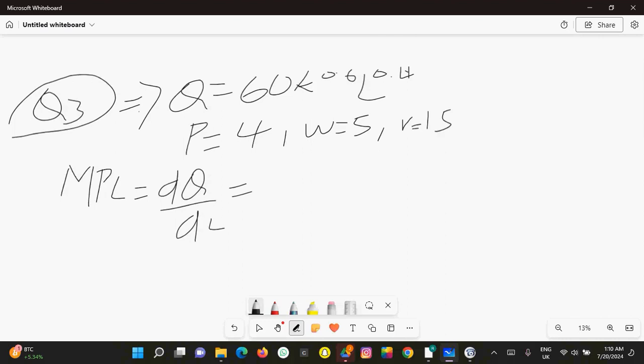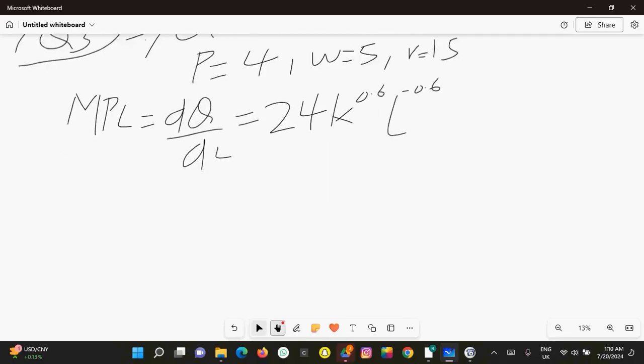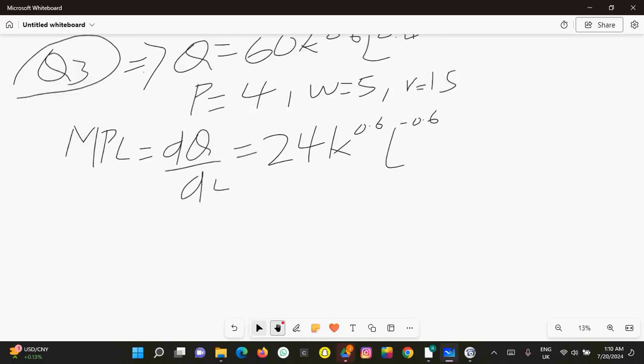Now 0.4 will come and multiply 60. So it will give us 24 K raised to the power 0.6, L raised to the power 0.4 minus 1, to give us negative 0.6. So that's MPL. Now let's go to MPK.